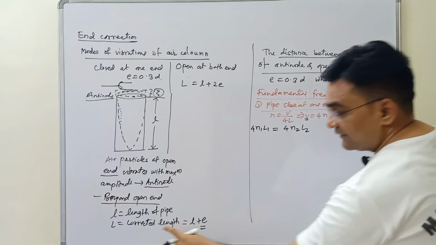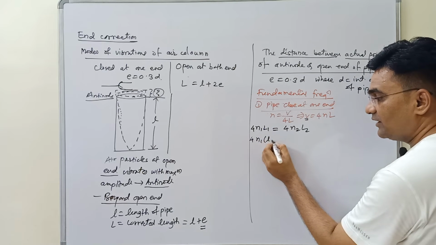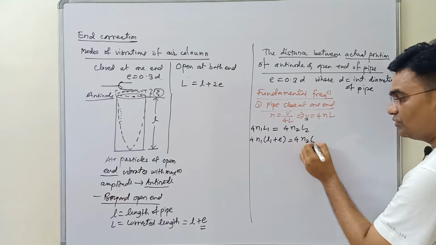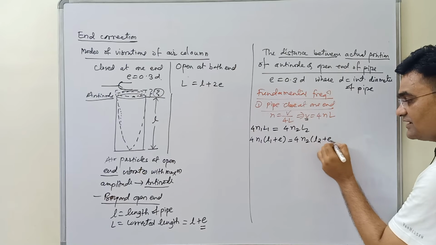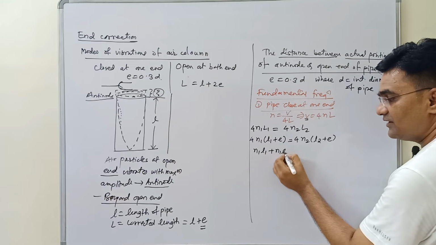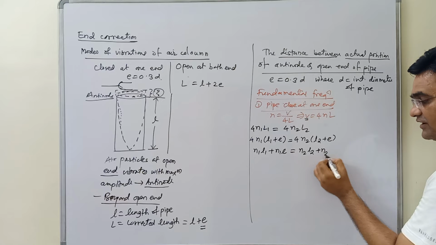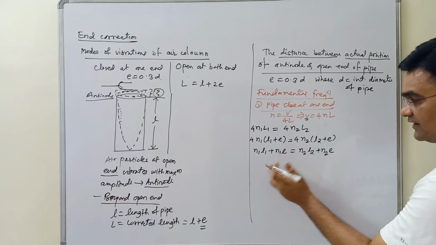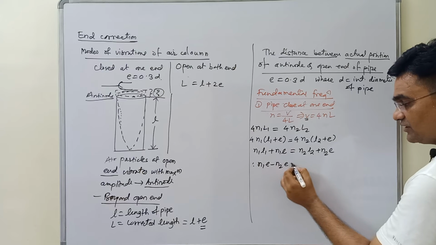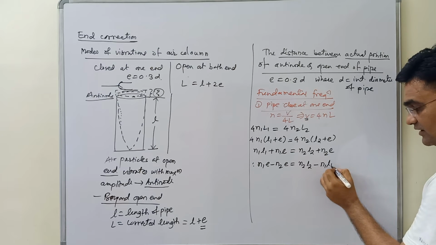With the corrected lengths, we get 4 into N1 into (L1 plus E) equal to 4 N2 into (L2 plus E). The 4 cancels. Expanding, N1 L1 plus N1 E equals N2 L2 plus N2 E. Shifting terms, N1 E minus N2 E equals N2 L2 minus N1 L1.